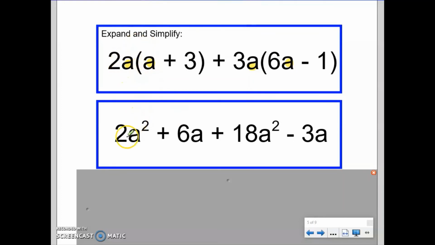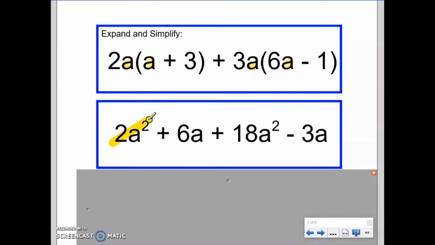2a times a is 2a squared. 2a times 3 is 6a. 3a times 6a is 18a squared. And 3a times negative 1 is minus 3a. And again, I'm going to collect the terms. Remember that a squareds and a's are completely separate terms. They are just as different as a's and b's, so we don't mix and match.